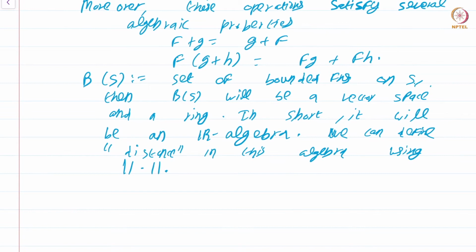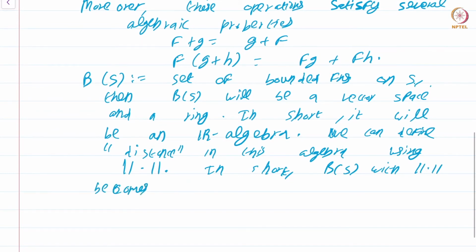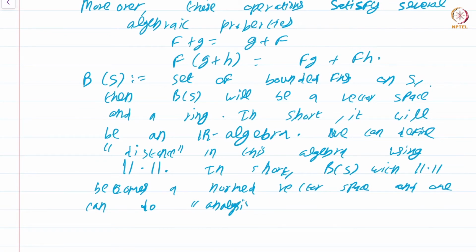You can actually check that this norm satisfies similar properties. In short, this B(S) with this norm becomes a normed vector space. And one can do analysis on this vector space.